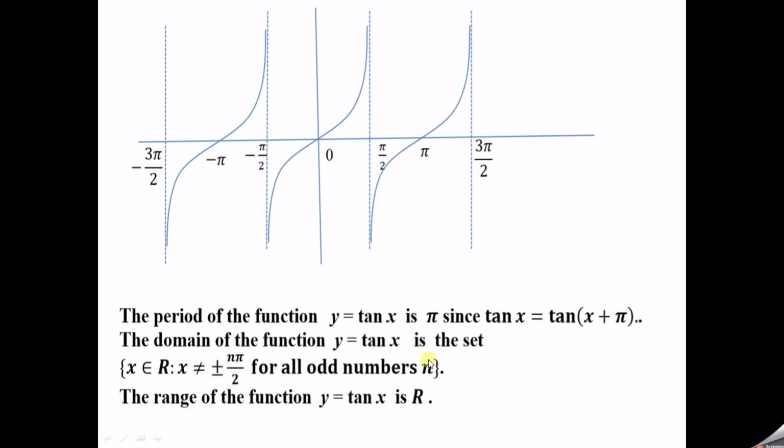Therefore, the domain of the tan x function is all real numbers x belongs to R, where x is not equal to plus or minus n pi by 2 for all odd numbers n. So pi by 2 with coefficients where n is odd: 1, 3, minus 1, minus 3.